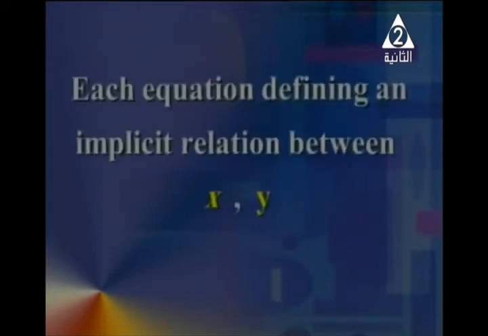We take the highest common factor of the first term and second term, which is y. Look at x squared plus y squared minus 9 equals 0. Each equation defines an implicit relation between x and y. Note that.